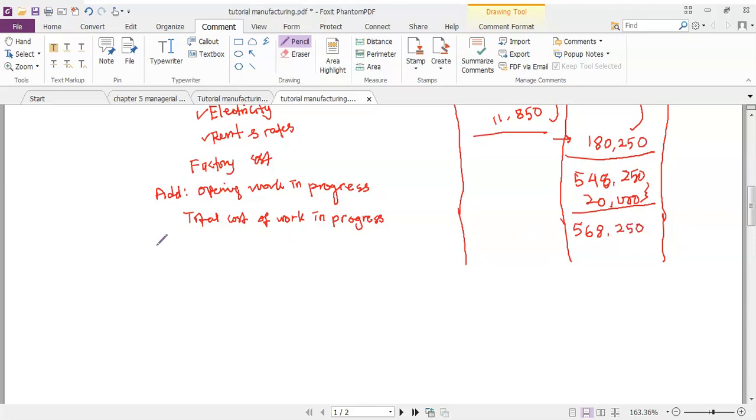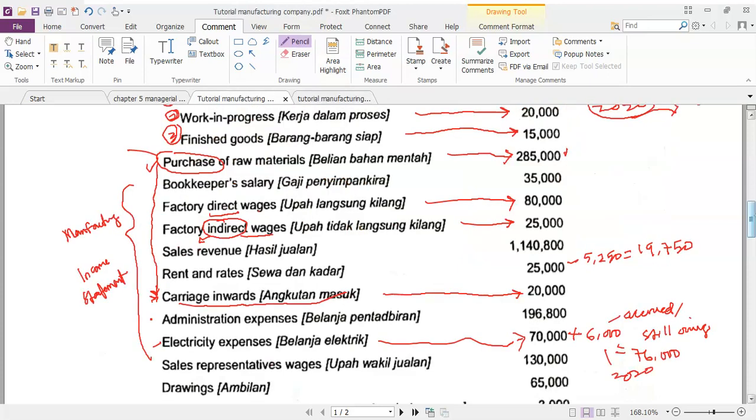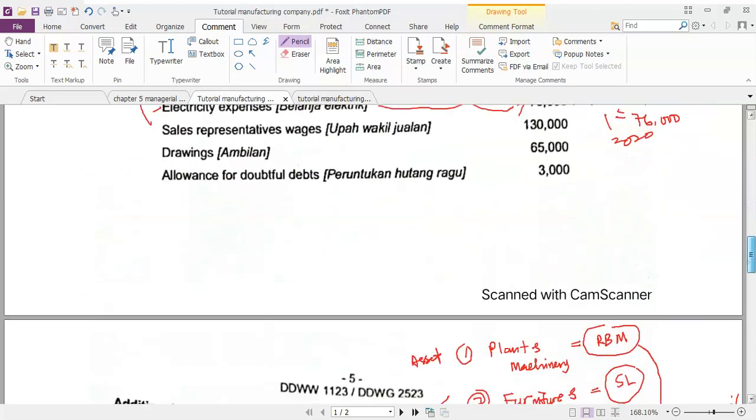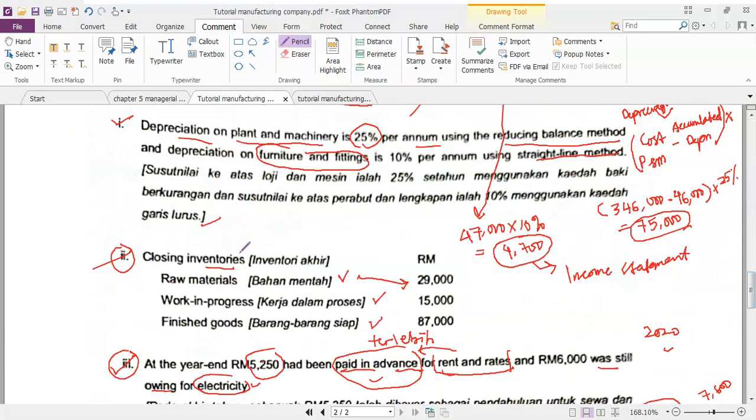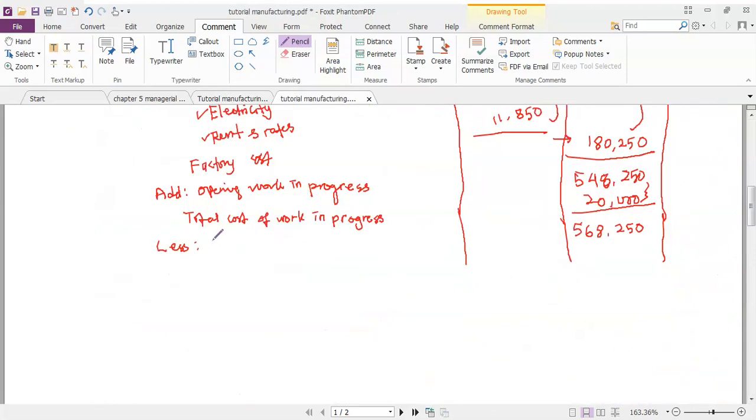Okay, lepas tu baru you lastkan apa? Closing. So how much is our closing work in progress? Dekat mana kita nak tengok? Dekat additional information number 2. Closing inventory work in progress is 15,000. So kita lesskan, tolak.